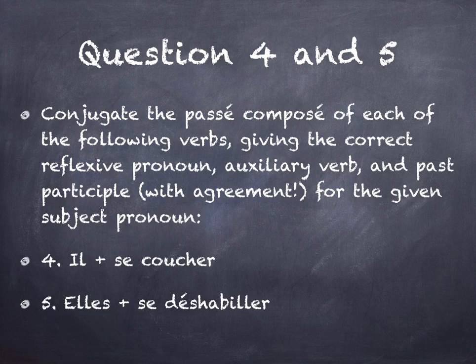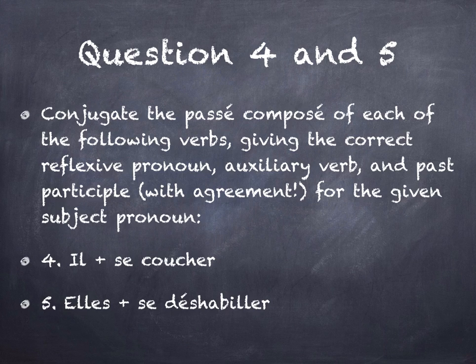Alright, so questions 4 and 5. Conjugate the passé composé of each of the following verbs. Think about giving the correct reflexive pronoun, the correct auxiliary verb, and the correct past participle, including how to agree correctly, so that everything matches the subject pronoun.